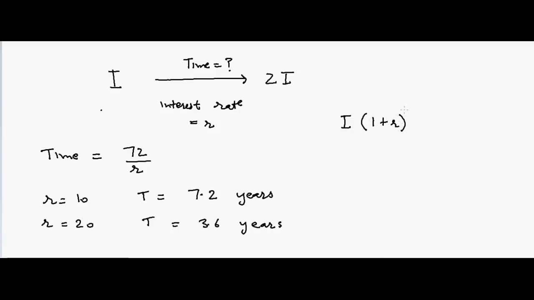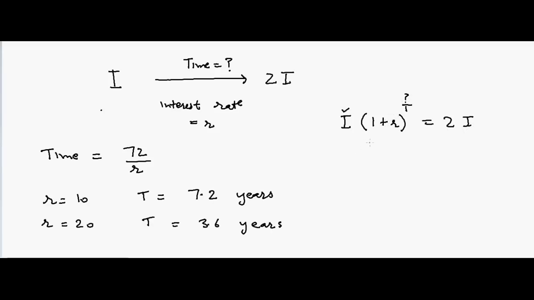And we invested it for t years, so that should be equal to 2I, right? So this is our initial investment, and then we have an interest rate every year, and this is compounded every year, so that will become 2I after a certain time, right? And we want to calculate what the time should be, right?